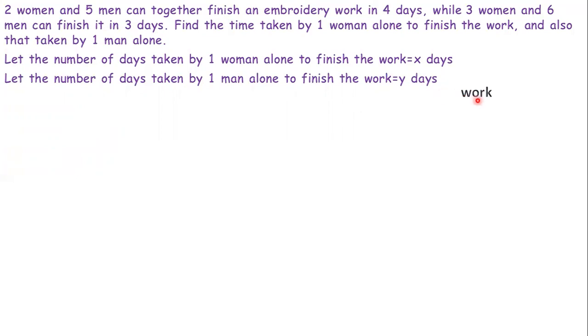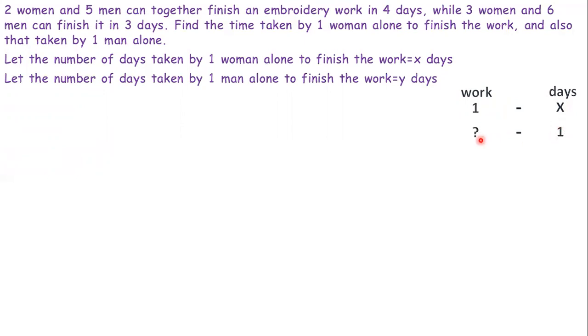Now, let us compare work and days. One work by a woman, an embroidery work, that one work, the woman takes x days to complete. So what is the work done in one day?